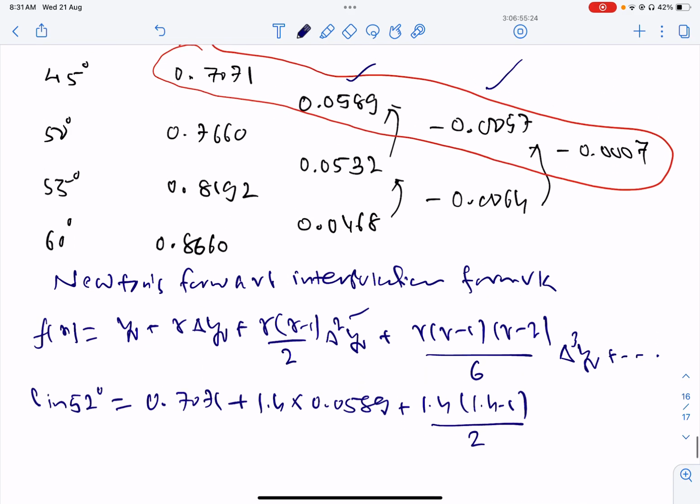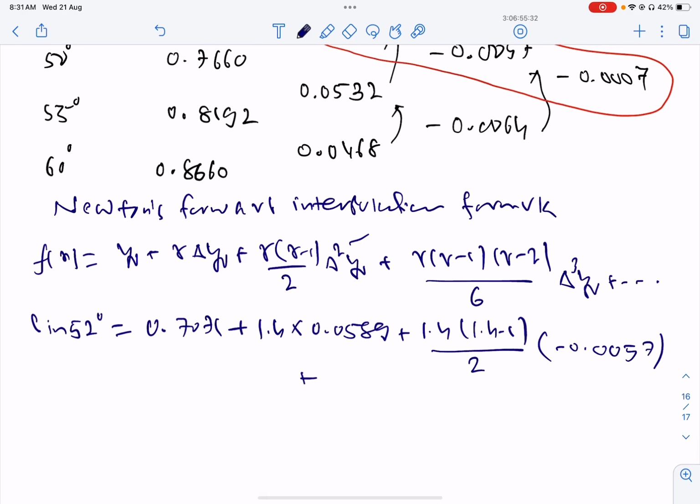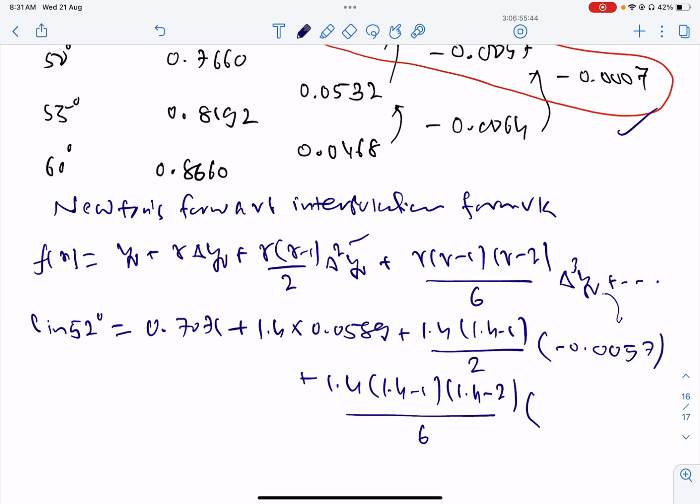It is minus 0.0057, then plus 1.4 into 1.4 minus 1 into 1.4 minus 2 by 6, and the last, this one, minus 0.0007.